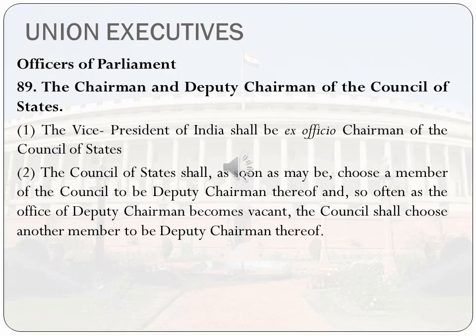The Council of States shall, as soon as may be, choose a member of the Council to be a deputy chairman thereof, and so often as the office of the deputy chairman becomes vacant, the Council shall choose another member to be the deputy chairman thereof.